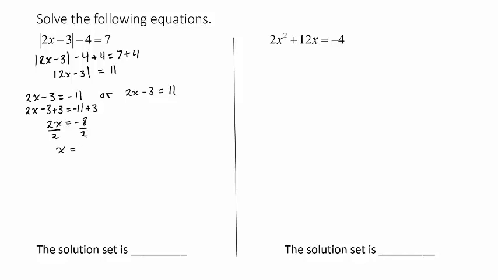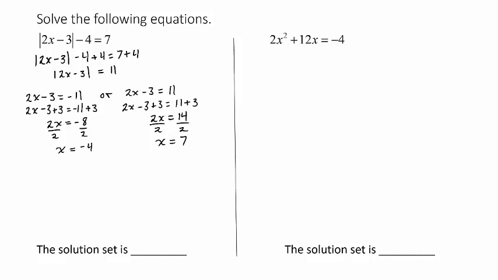So x is equal to negative 4. Now over here with 2x minus 3 equal to positive 11, I also want to add 3 to both sides. So 11 plus 3, I have 2x equals 14. And then I need to divide both sides by 2. So x is equal to 7.